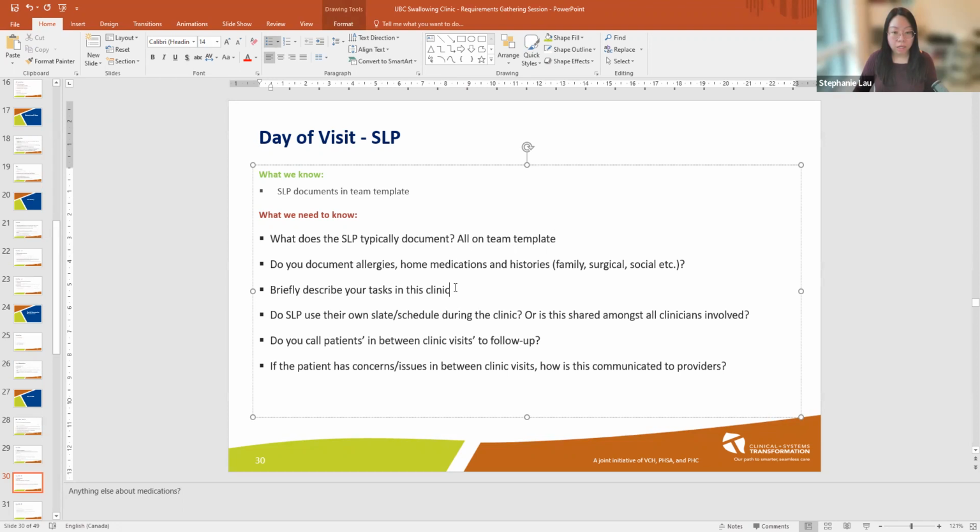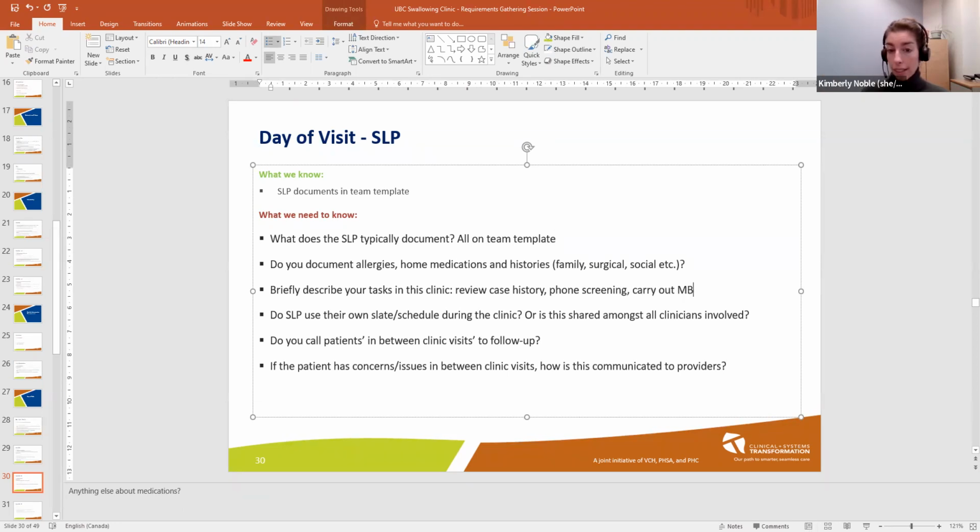All right, and then in terms of the task of this clinic, what would the SLP typically do? So we would review any additional case history as necessary if we had questions following up after the phone screen. And then we would carry out the modified barium swallow, analyze and provide recommendations based on the study.